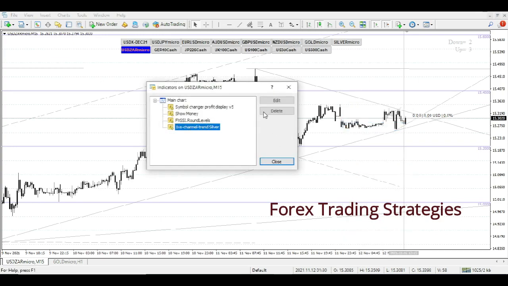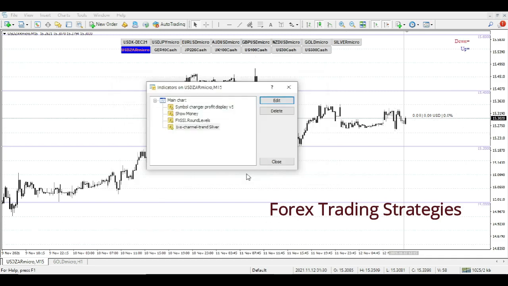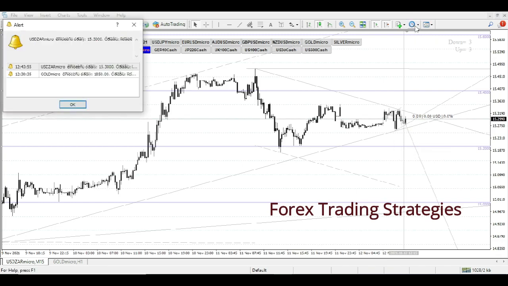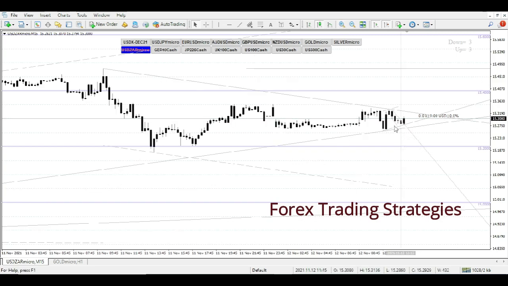Let me do this as well. Delta bar, let's change that to 3. Okay, so you can see there the little candles that form, and we already have a channel. For me, I really don't enjoy that.